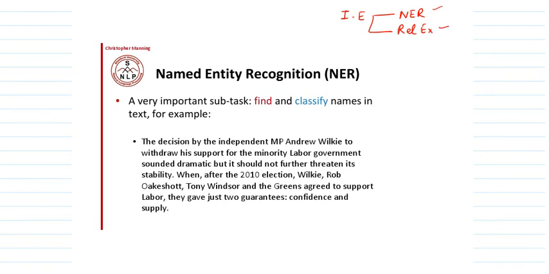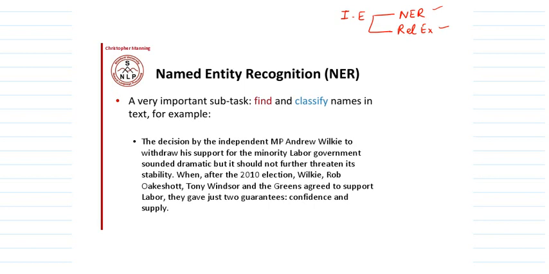Named entity recognition is to find and classify names in a text, right? Whatever text we have, we do have names there. A name is a kind of entity.